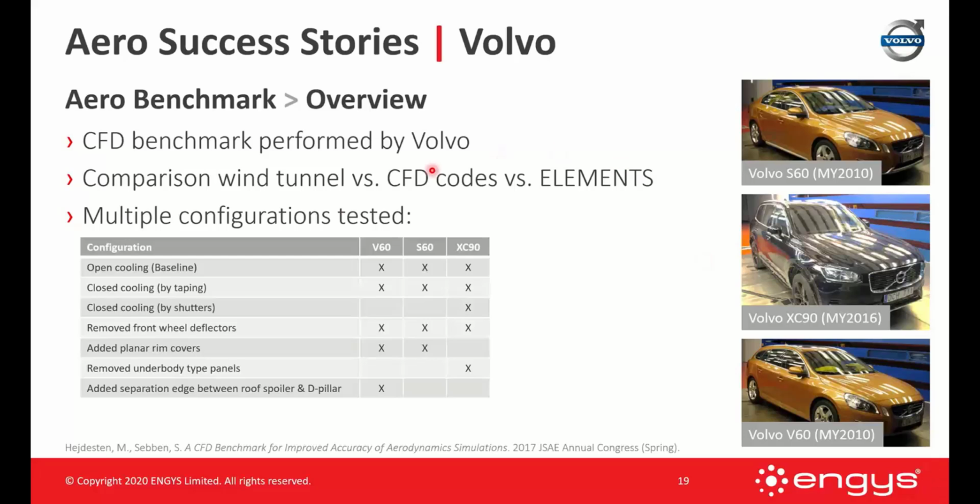Multiple different configurations were actually tested between these three different vehicles. So we have a sedan, an SUV, and then kind of a station wagon or an estate back. And these results were published in a paper in JSAE, in the annual Congress in 2017, in a CFD benchmark for improved accuracy of aerodynamic simulations.